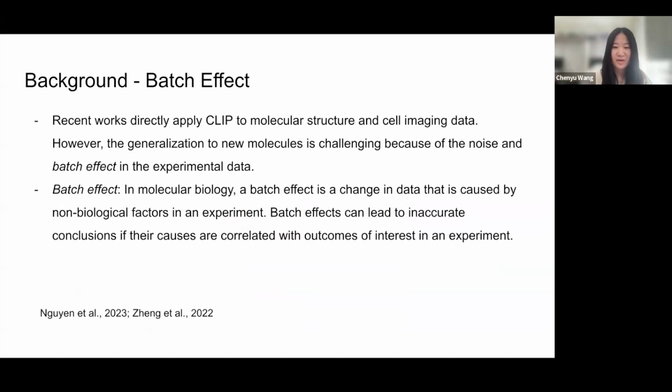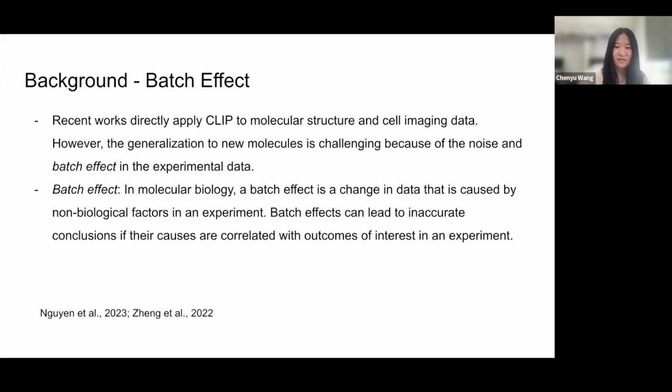As we know, the batch effect is a very significant challenge in all kinds of biological experimental data, because these experiments are high throughput. We have thousands or tens of thousands of drugs to screen, so it is impossible to do them all in the same batch.